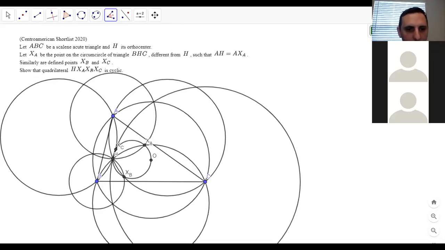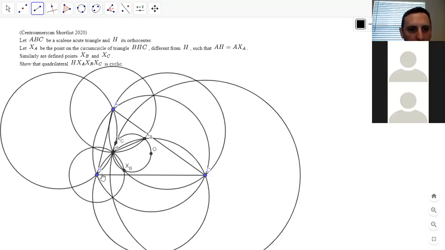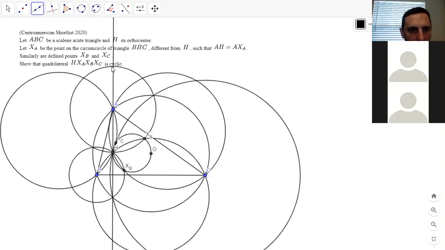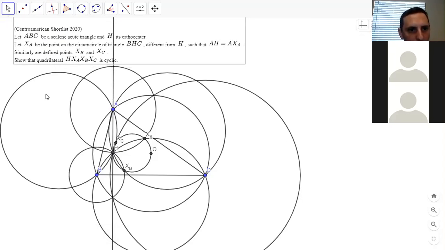Can you draw HA and let it intersect again the circle with center A? Can I draw HA? Okay. Circle with center A, so like right here? Yeah.